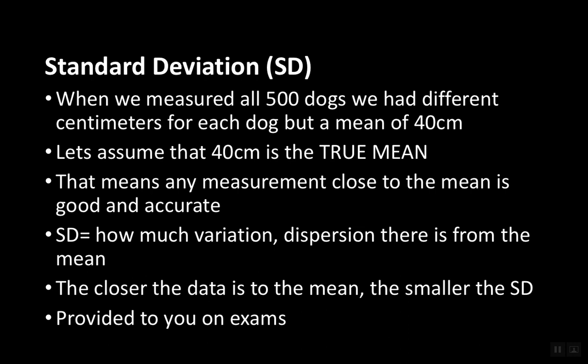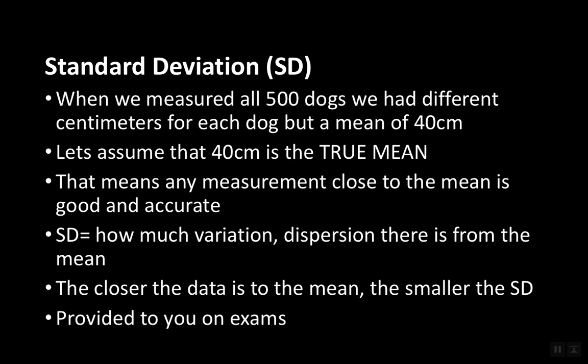Now let's assume that 40 centimeters is the true mean, the average, the middle number, right? That means any measurement close to the mean is good and accurate, correct? So in that case, you would say that somebody has a low standard deviation, okay? Because standard deviation simply means how much variation or dispersion there is from the mean.